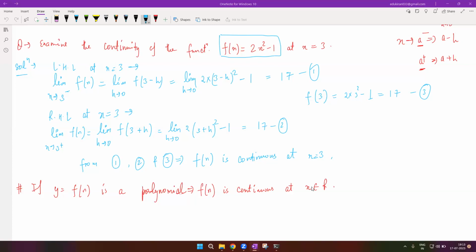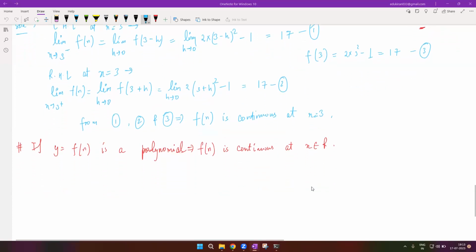Okay. Now the second type of questions, which will also not be asked in the exam, but in this, a curious point is that you will not be given that point at which you have to check the continuity. For example, I would write a question here. Also, sorry. Before moving to the question, I'll also write one more thing. Chalo, I'll write this after this question. First, let's solve this question.